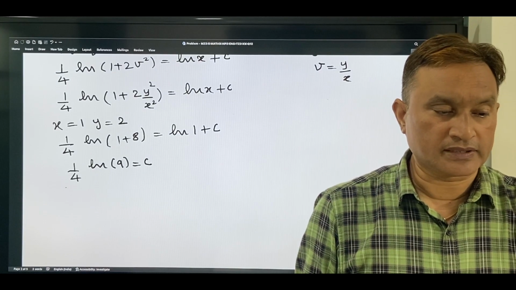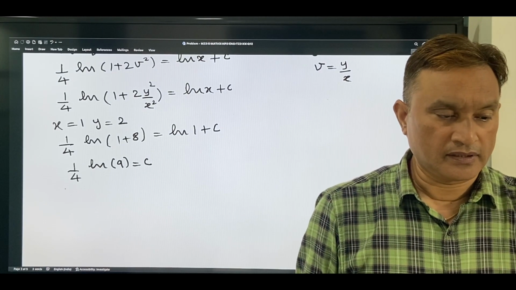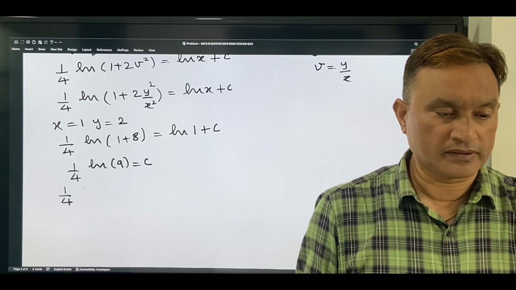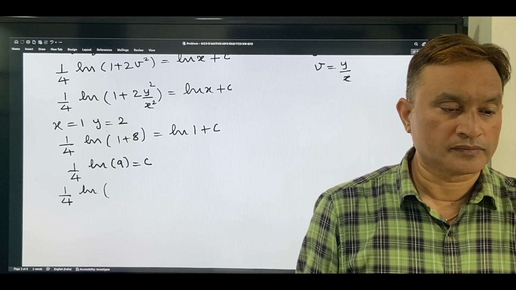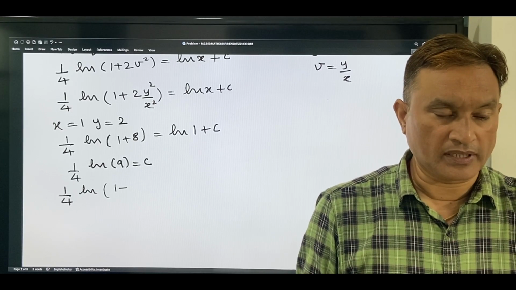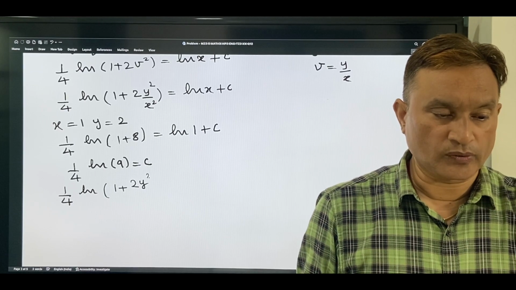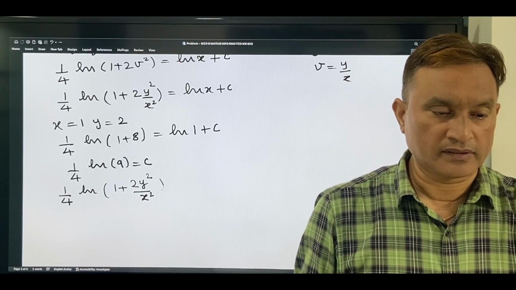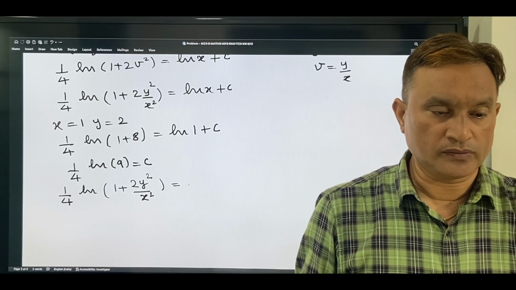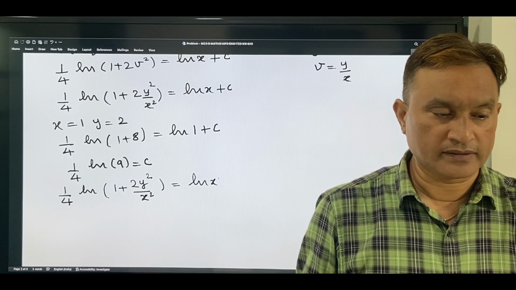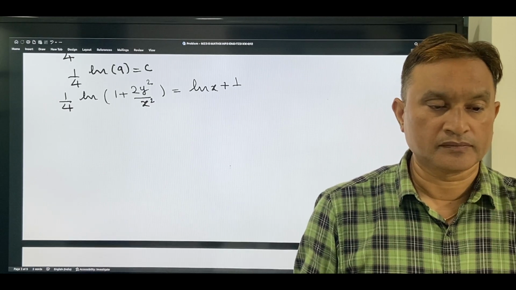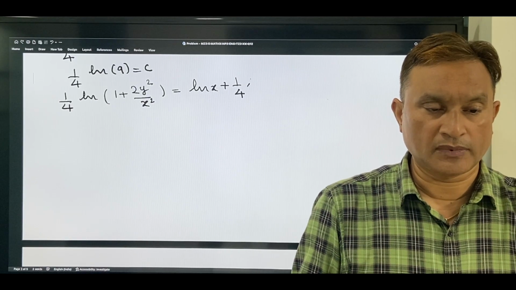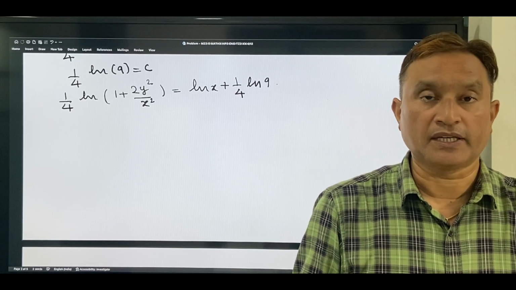So the final answer we will be getting here would be 1 by 4 ln (1 plus 2y square upon x square) equals to ln x plus 1 upon 4 ln 9.